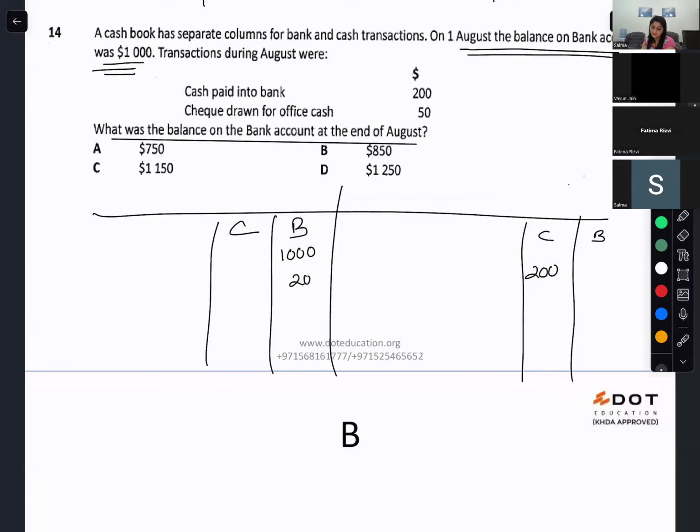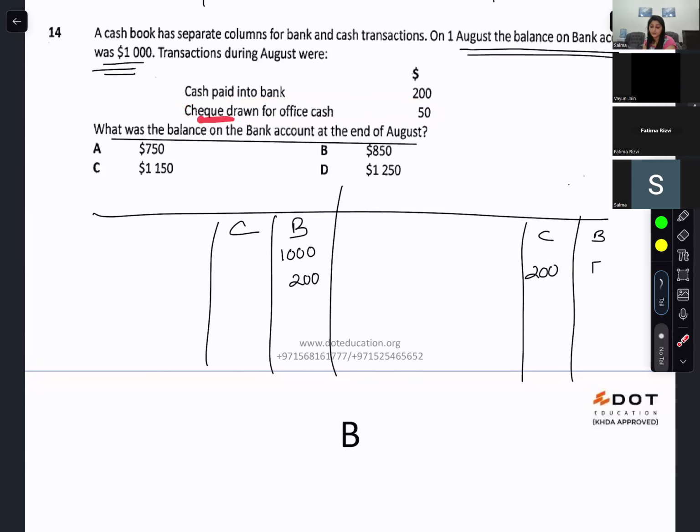Next is cheque drawn for office cash, so it's money taken out from the bank and cashed out. It'll be taken from the debit side bank and put into the credit side cash.